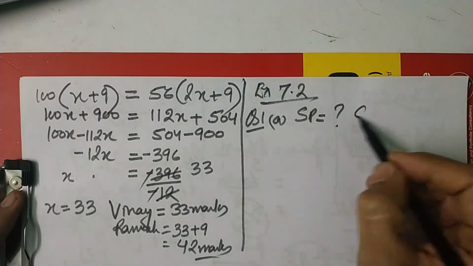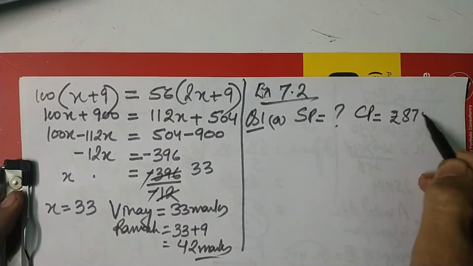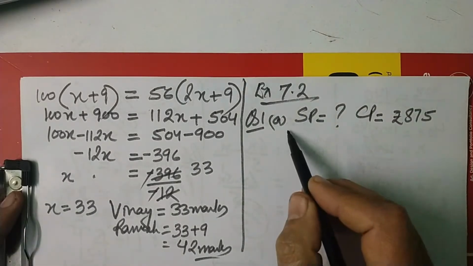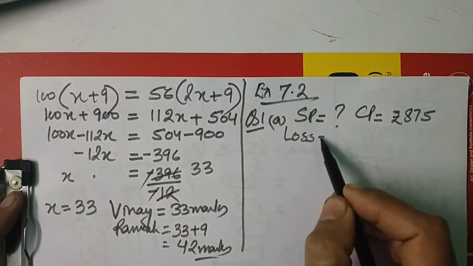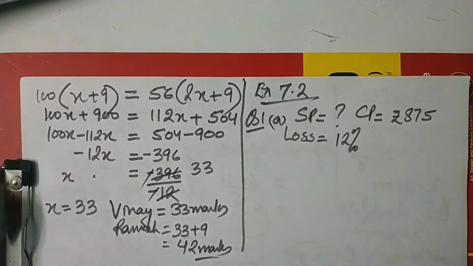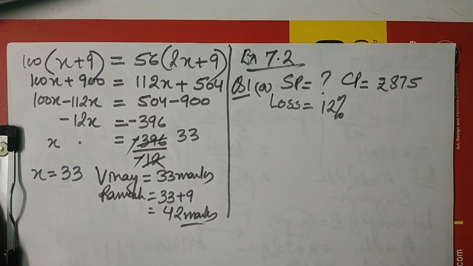when the cost price is rupees 875 and there is a loss of 12%. So in the questions where there is profit or loss given in the form of percent, selling price and cost price are also given.